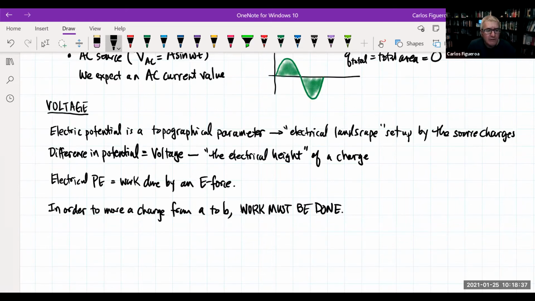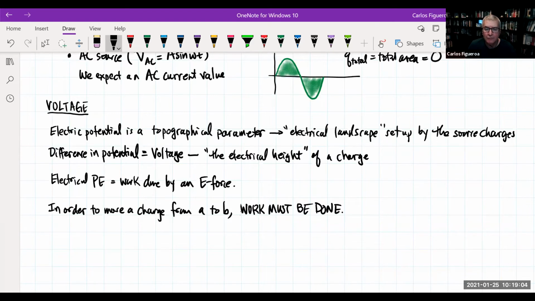And the only reason why we even care about potential is because we can use conservation of energy. And problems using conservation of energy are considerably easier than problems using electric forces or forces in general.